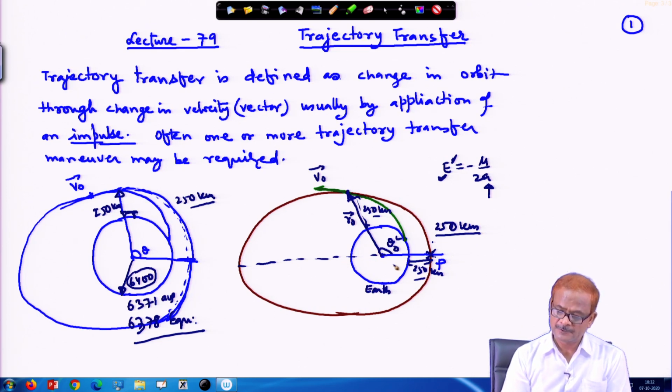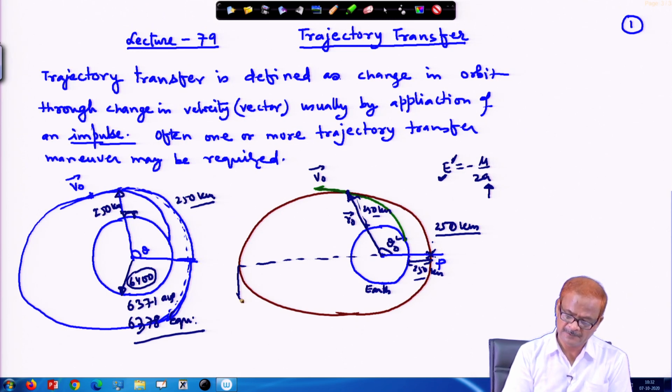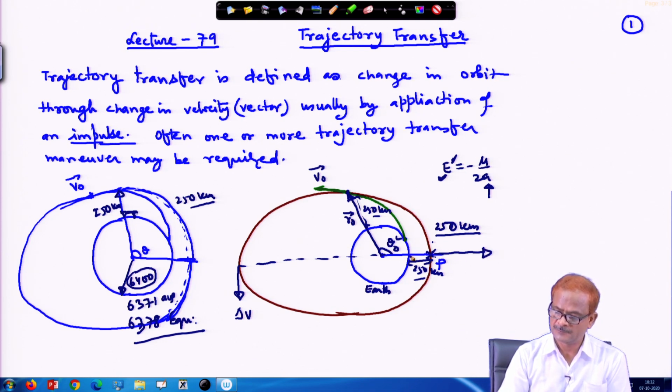The first maneuver required, say this is elliptical in nature, will be here in this place: you impart delta v velocity here so that the lowest altitude is raised. If you impart velocity, it will go up. From here this position will remain unchanged and this position will come here.